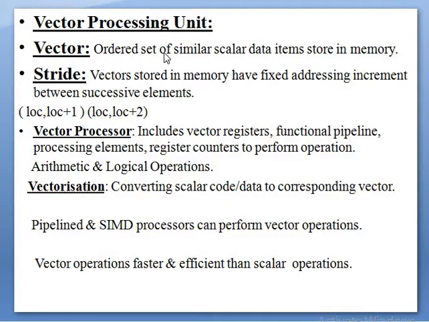An ordered set of similar scalar data, and which is stored in a memory, is called a vector. Okay, so that means, see this point, first thing, let's take a memory block. So this is a memory block like this, which has different locations.